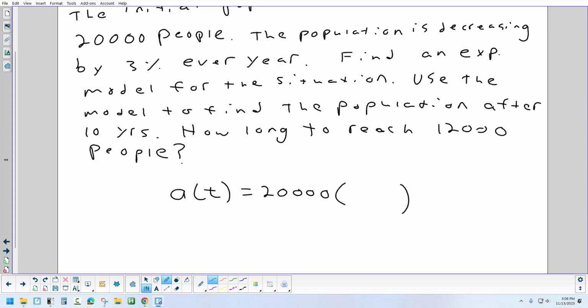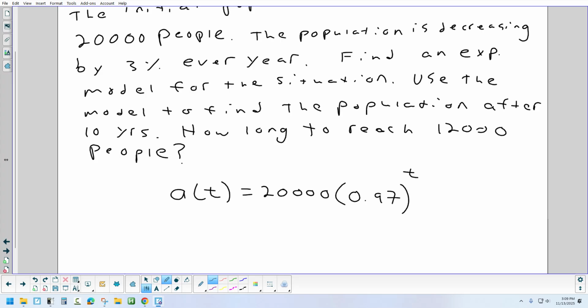So what's 1 minus 0.03? It's basically how many people you're left with each year, 97%. So 0.97, and don't forget your exponent of t. Okay, so that's the first part. Find an exponential model for the situation.